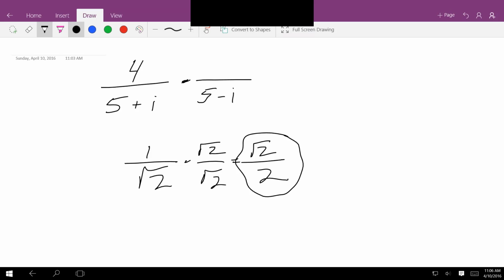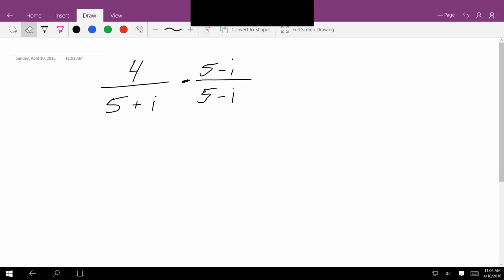Okay, now, since I can only multiply this thing by 1, I have to do the top by that also. Erase some of the other stuff I have on here. Now, what do you get when you multiply 5 plus i times 5 minus i?